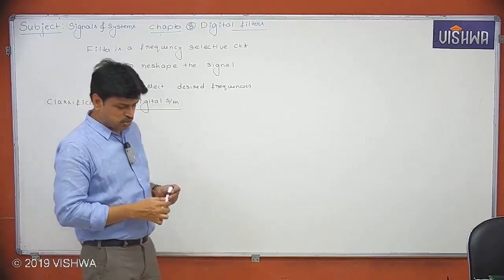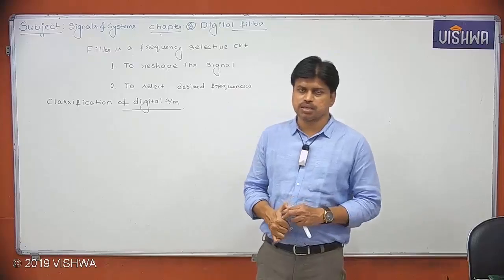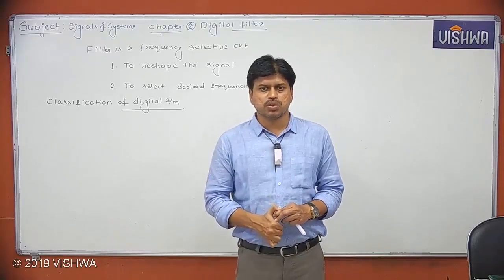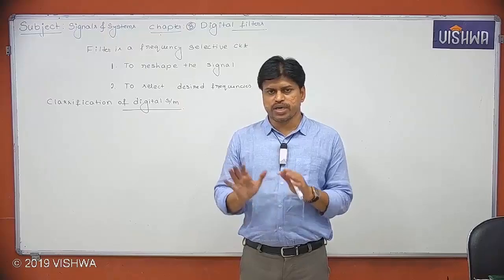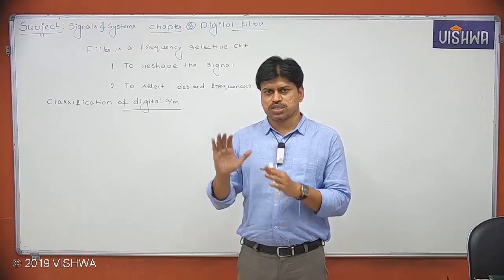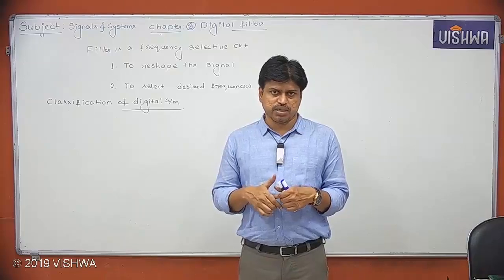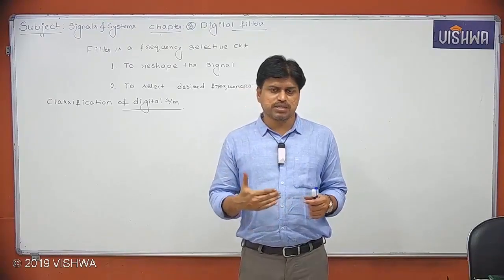Suppose minimum phase system, maximum phase system, mixed phase system. These kinds of words you might have heard. So what is a minimum phase system? For all the systems, we are taking the stable system only. A stable system is one where all the poles are inside the unit circle. Now I am talking about minimum phase, maximum phase, mixed phase.